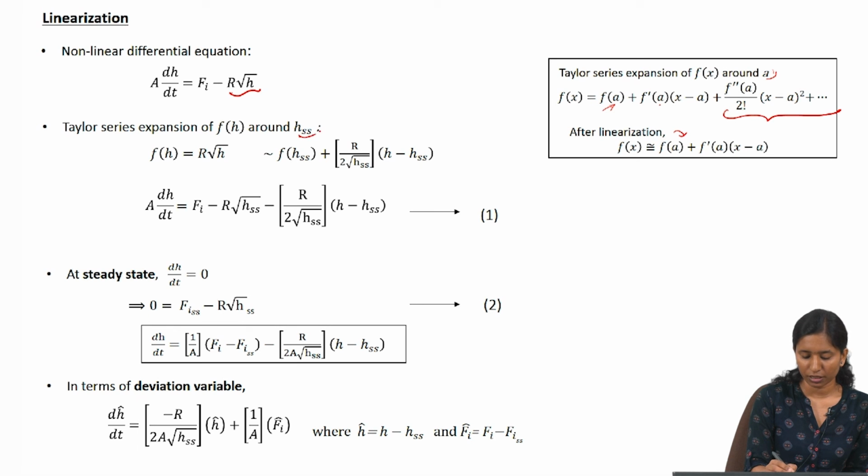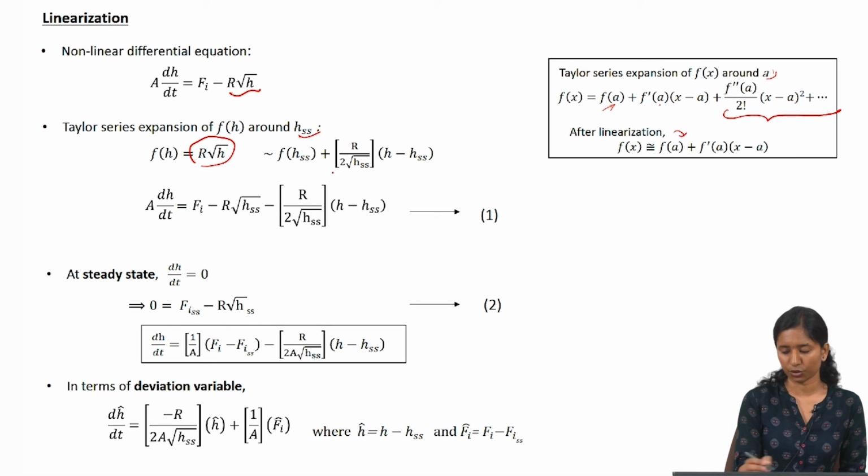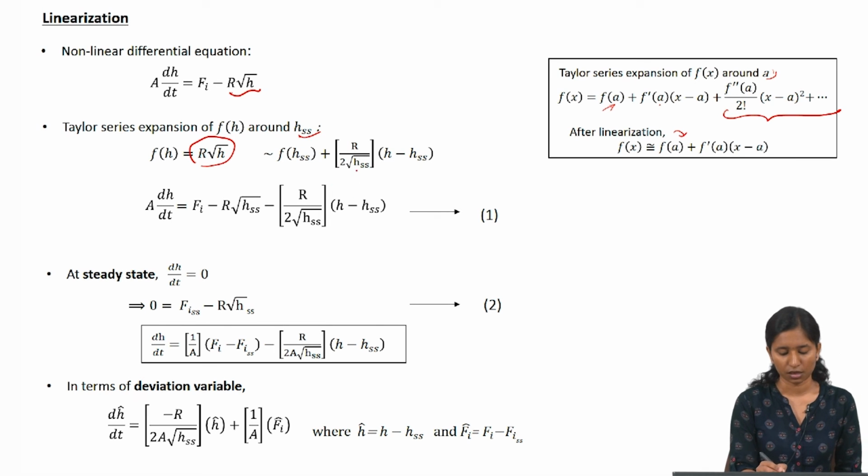We are performing the Taylor series expansion around the steady state value. So, the first term is the function calculated at h_ss, plus the first derivative of this term, which is nothing but R/(2√h), and since it is calculated at the operating point, h is replaced by h_ss. So, we get R/(2√h_ss) into (h - h_ss).